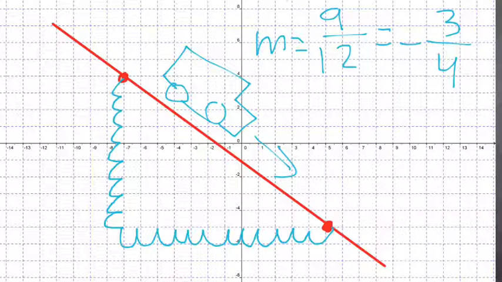What made you point the car down, not up? Because I said always draw your car with its hood to the right. If it was pointing up to the right, it's positive, and if it's pointing up to the left, it's negative. You'll very quickly be able to spot whether a line is positive or negative.